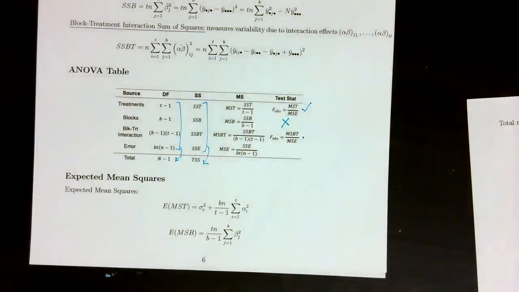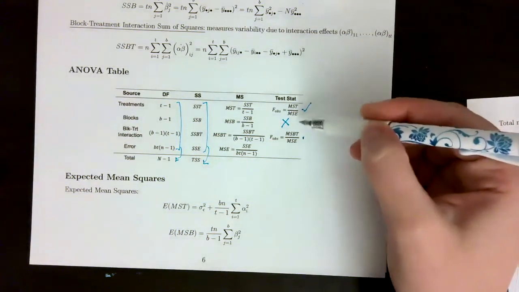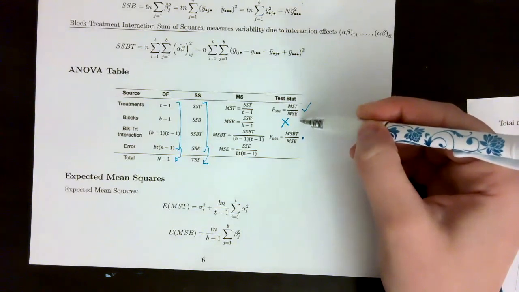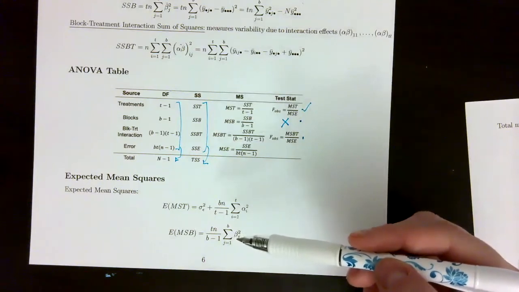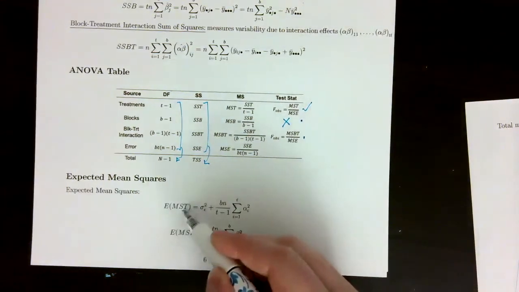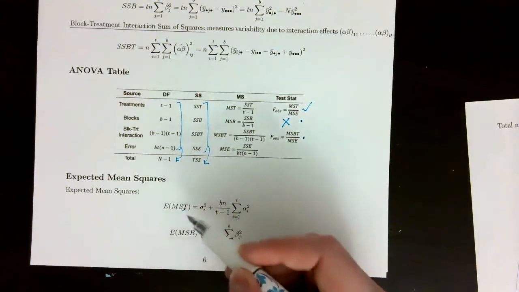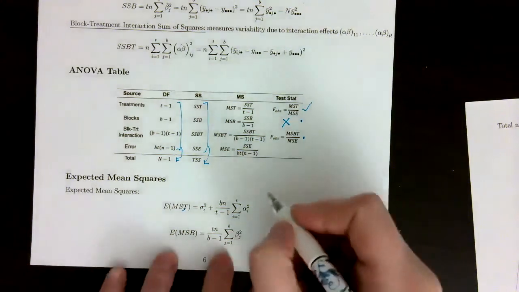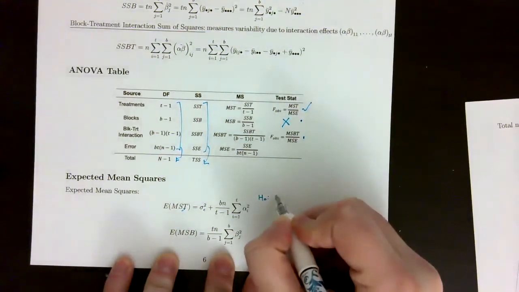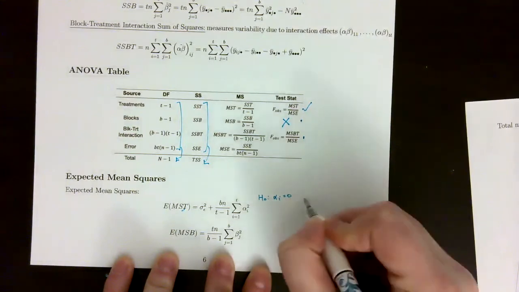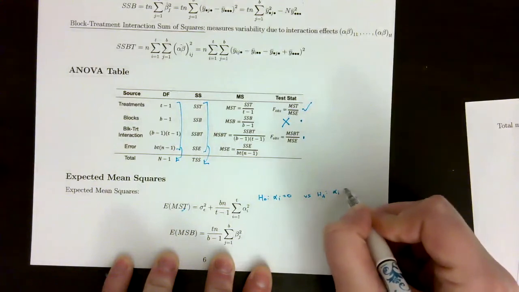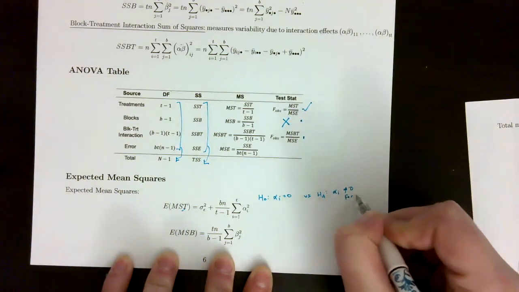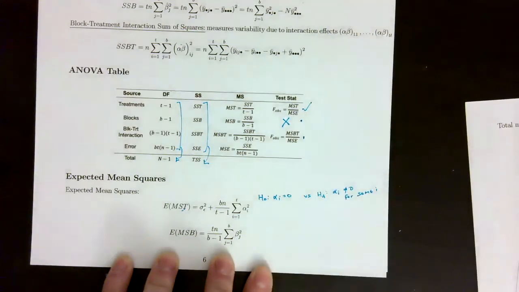And so that's why we're going to have this. Now, let me see if I can try and convince you of why we are allowed this test, but not this test, okay? I'm going to try and do this again through stuff that we've already seen, which is the expected mean squares. So when we're testing for the treatment, which would be looking at the MST over the MSE, our null hypothesis is that our alpha i's equal 0 versus our alternative, which is alpha i doesn't equal 0 for some i, right?